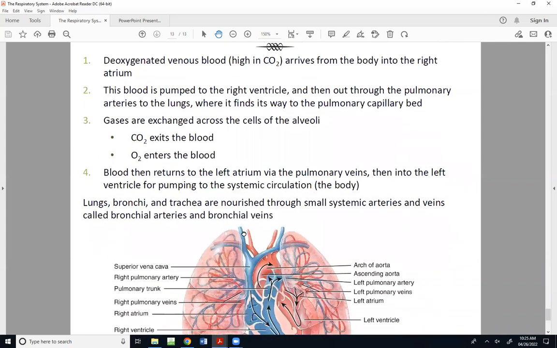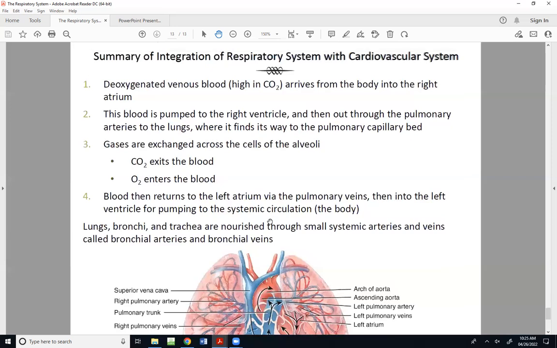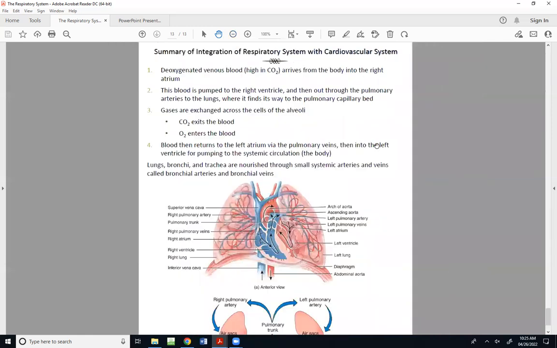But to reiterate what we just previously learned, we can now integrate the respiratory system with the cardiovascular system with regard to the flow of blood in and out of the lungs. As we've previously learned, deoxygenated blood, which is also described as blood that's high in CO2, comes into the lungs thanks to the right side of the heart, which pumps the blood out into the pulmonary trunk, which then divides into the pulmonary arteries.